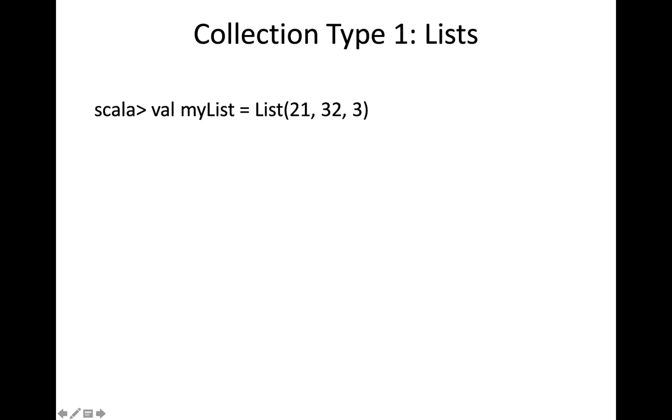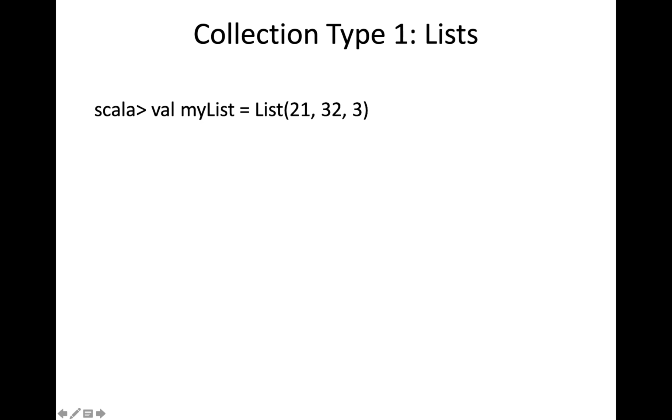Say we want a list with 3 items, 3 integers 21, 32, 3. You can just write list with a pair of parentheses and give those 3 items. And then my list is a variable which is immutable type, right?